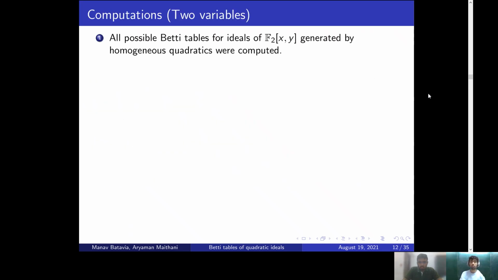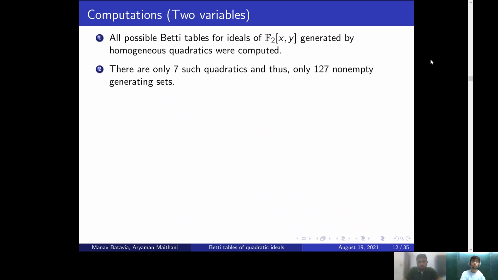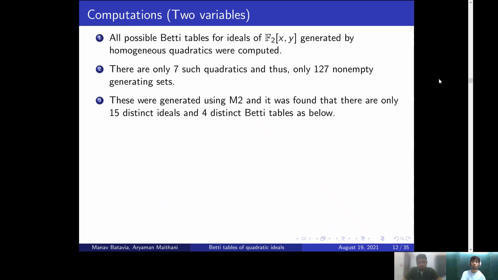Let us go on to the computational results. When we have only two variables, the Betti tables are quite easy to compute because of the small number of ideals that we have. There are only 7 such quadratic polynomials, 2^3 minus 1. And in turn, that only gives us 127 generating sets, looking at all possible subsets of the 7 element set.